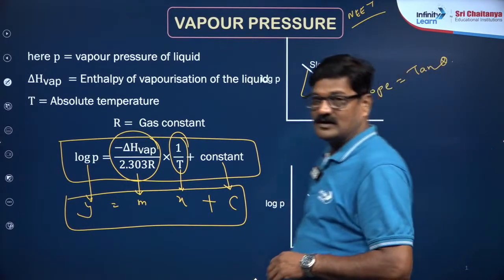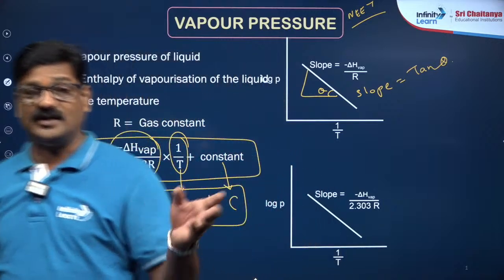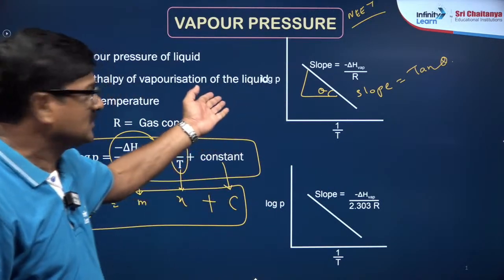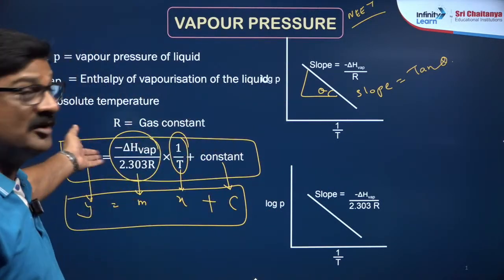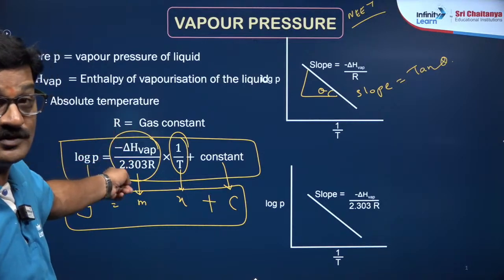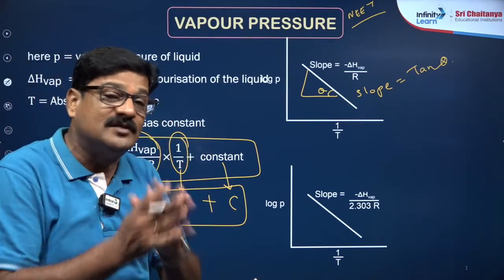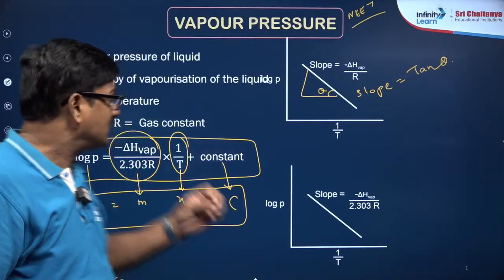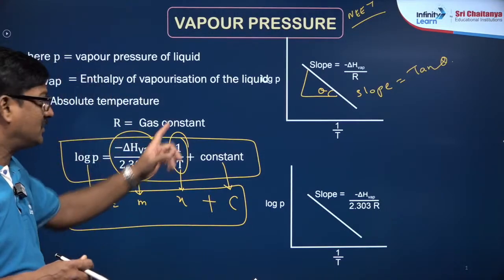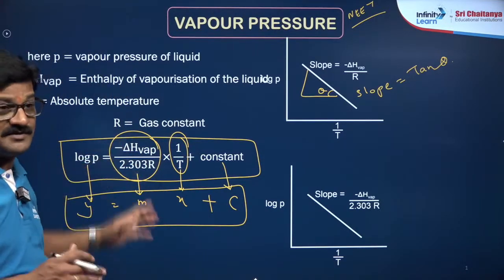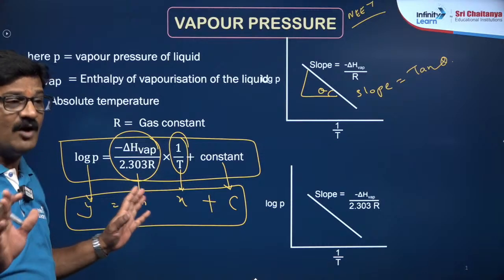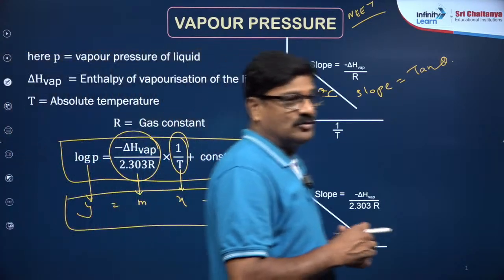You can calculate this theta mathematically, calculate the slope, and calculate the enthalpy of evaporation of the liquid. That kind of question you do not need for NEET, but for the sake of safety I am telling you, but these graphs are important, this equation is important. Fine. Any doubt?